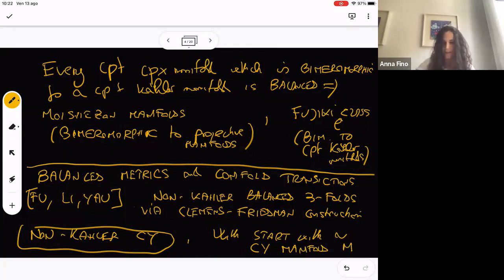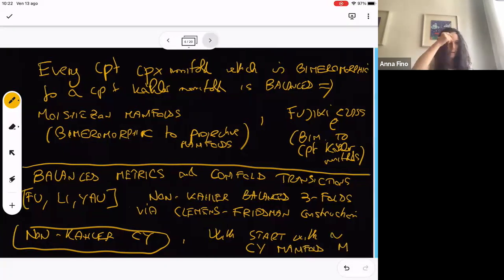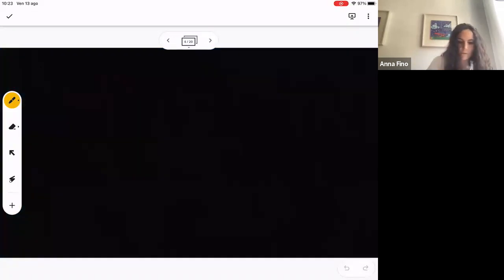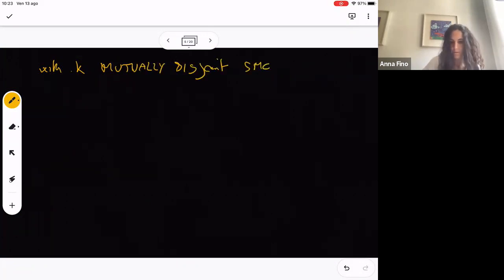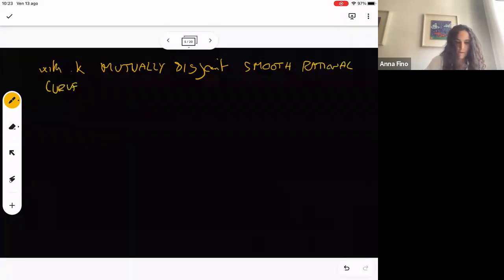And then we take in M a collection of k mutually disjoint smooth rational curves, let's call them C1, ..., Ck.